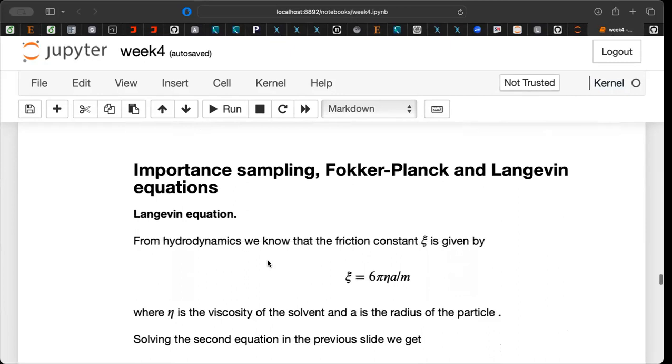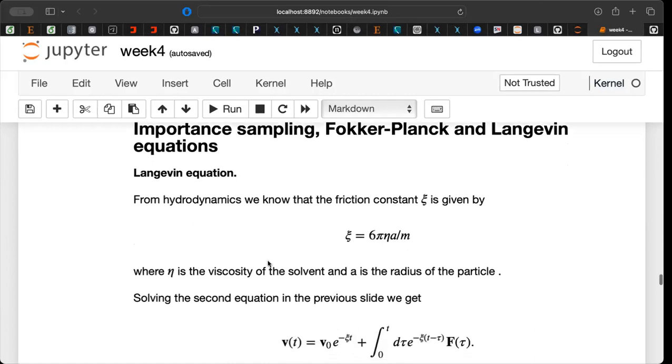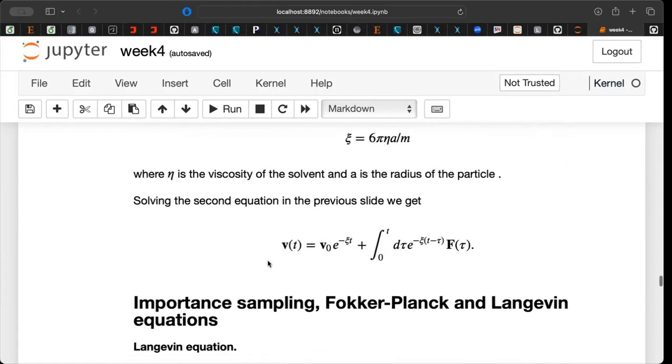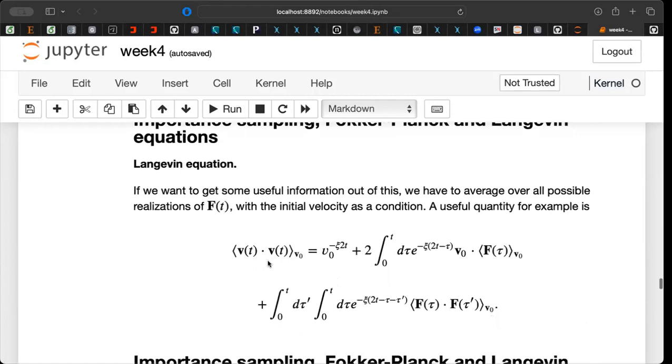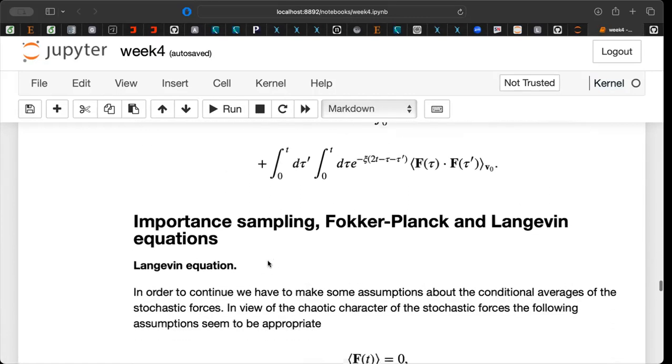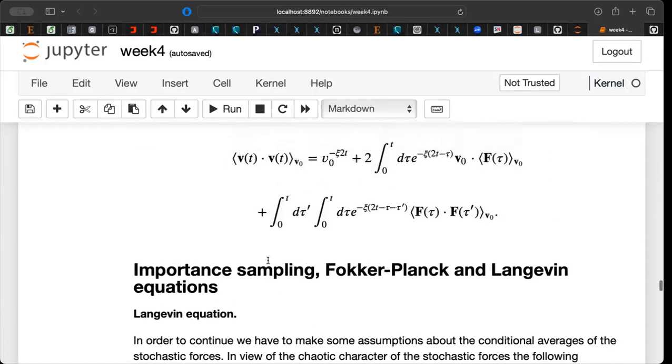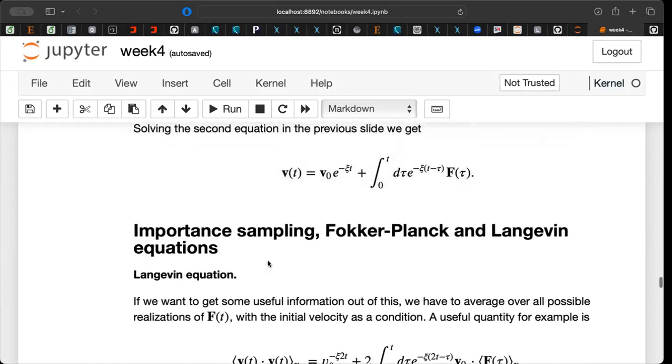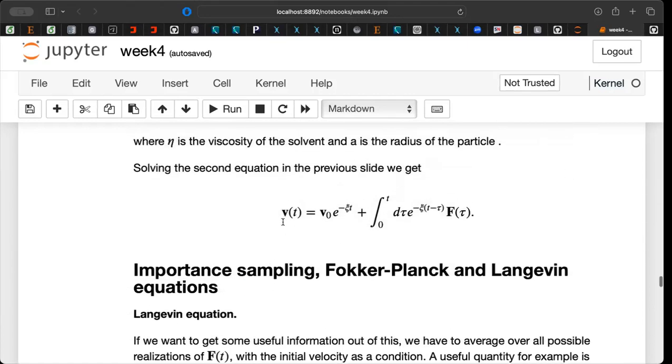The Langevin equation is something which you will encounter if you take a course in hydrodynamics or if you take a course in transport theory. And it's normally given by simple equations which we put up in the beginning. But you can assume then, starting from the velocity which you have at the time t0, you can integrate up.